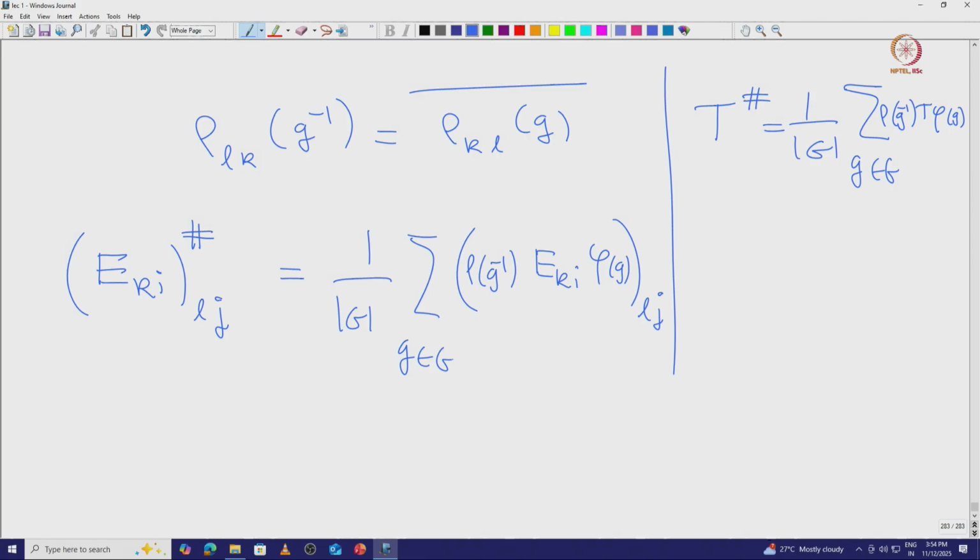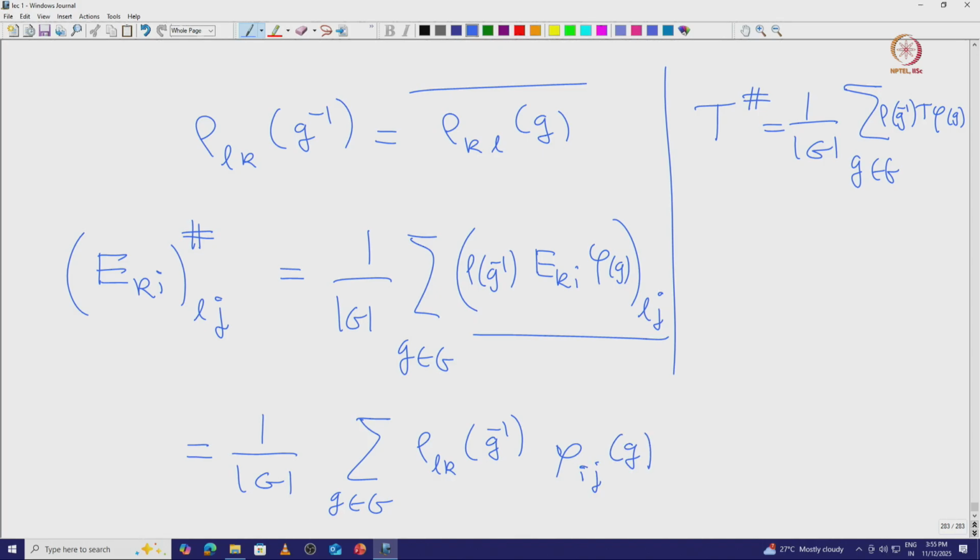We have already seen how to compute the ljth entry of AXB, where X is Eki. If we recall what this ljth entry is, then you can easily see that this is exactly 1 divided by the cardinality of G summation over g in G rho lk of g inverse phi ij of g.